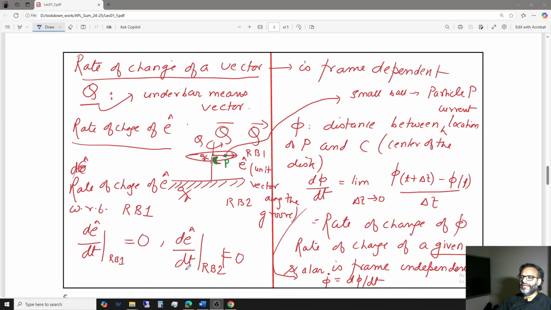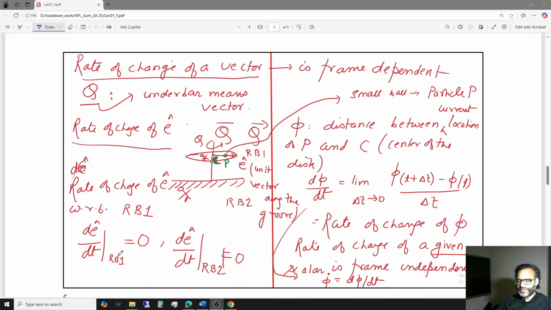What does it imply? This simple example is telling us that rate of change of vector is frame dependent.